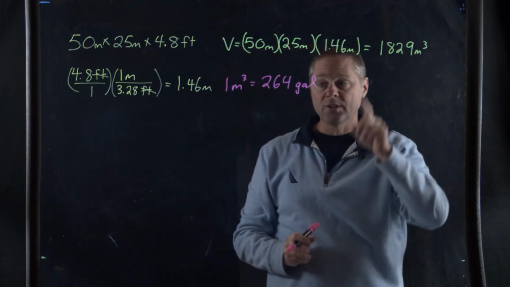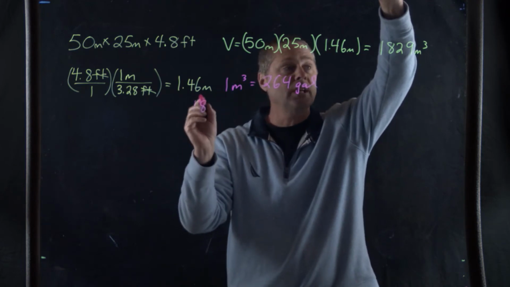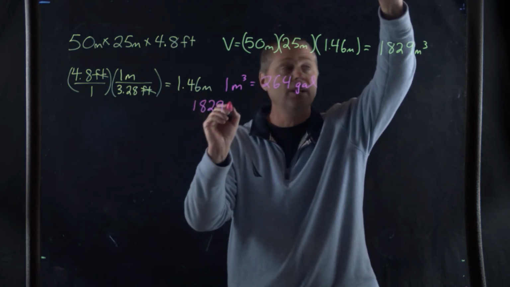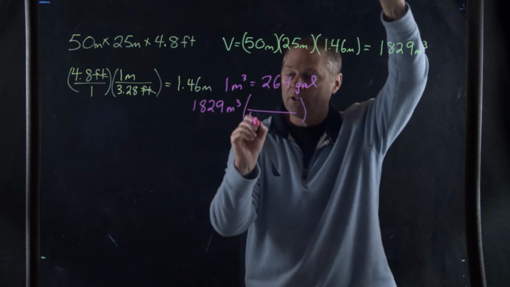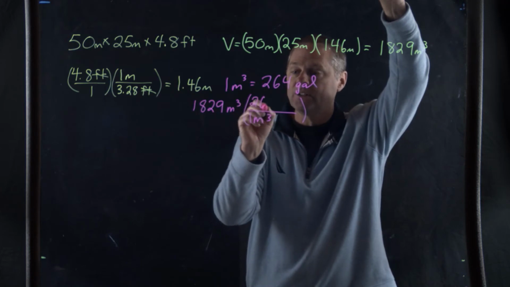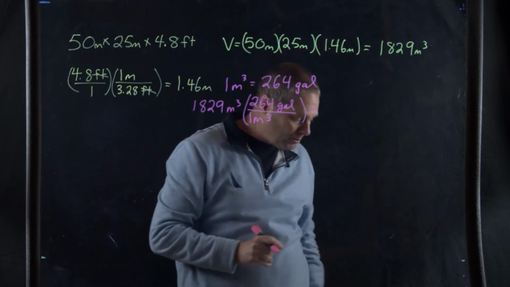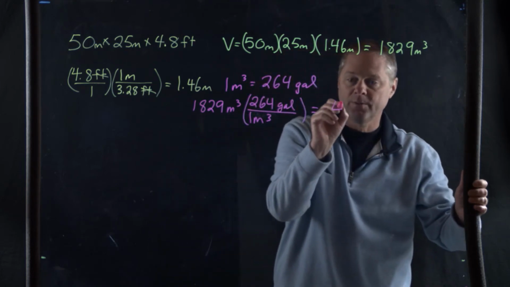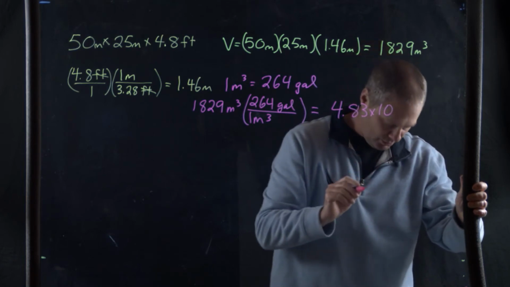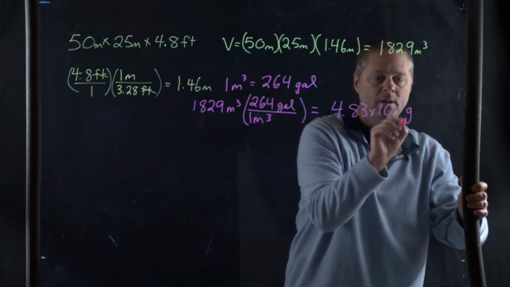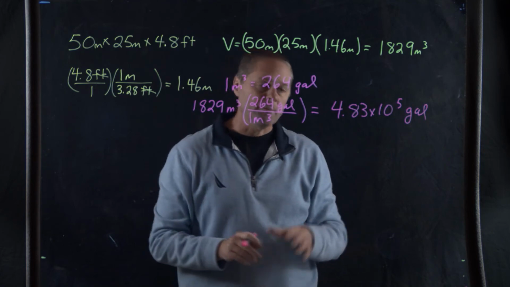Well, if 1 cubic meter is equal to 264 gallons, then we start out with what's given, 1,829 cubic meters, and for every 1 cubic meter, there's 264 gallons. We can multiply this out, and what we get is 4.83 times 10 to the 5th gallons.